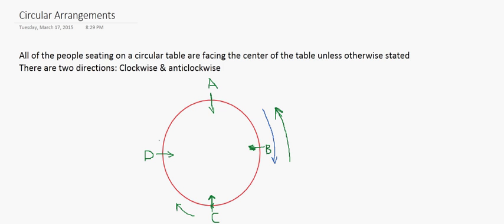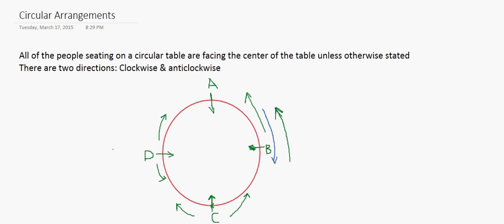So if we move clockwise from D, we are moving to the left of D. If we move anti-clockwise, we are moving to the right of that person. So anti-clockwise means right of C to B, anti-clockwise of B is A, right? So these are few connotations which you would see in the questions in circular arrangements, right?